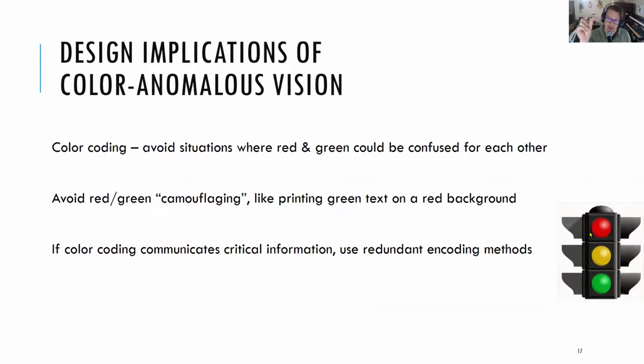So the position of the light, in addition to the hue of the light, carry the message that's needed. So if somebody does have trouble differentiating red and green, a design solution here is, well, let's put those lights in different locations so that they could use the location to gain the essence of the message.